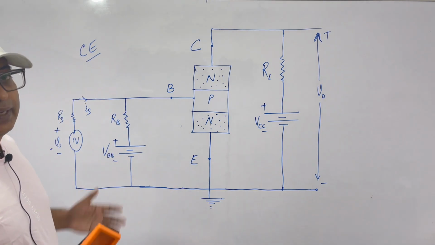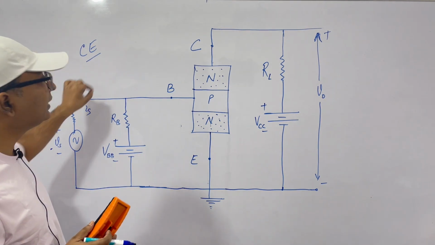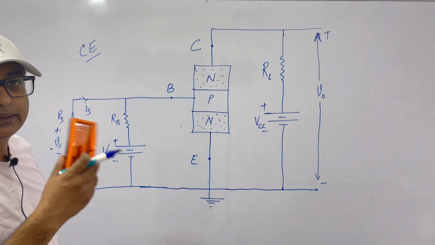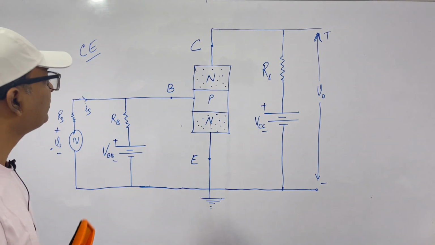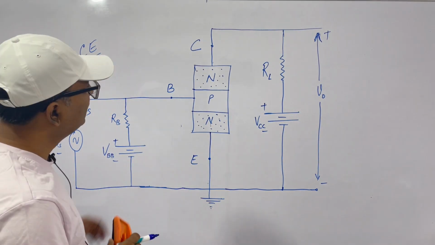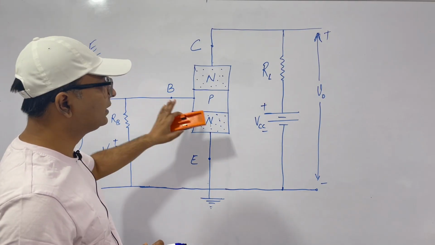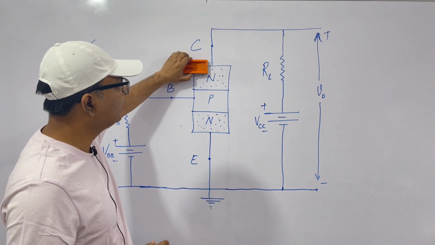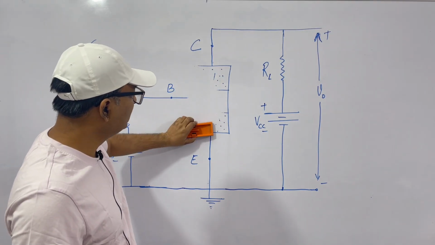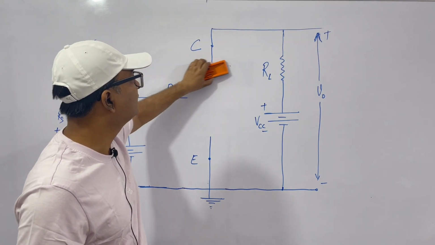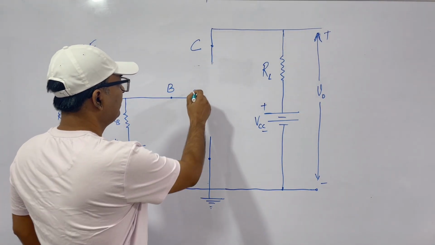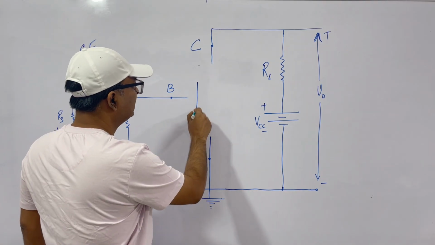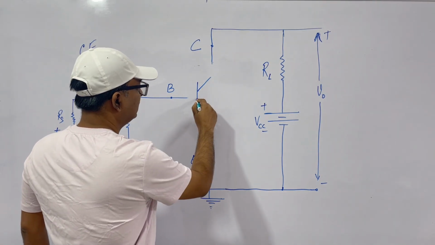How do we amplify it? How is IS getting amplified at the output? That is what we have to understand. Let's understand this. This is NPN transistor. Clear? This is N, this is P, this is N. Now I am rubbing this and putting the symbol of a BJT. It will be like this, then this, and then this.